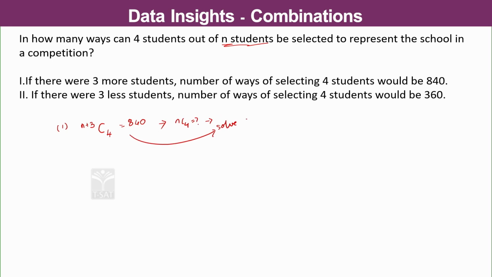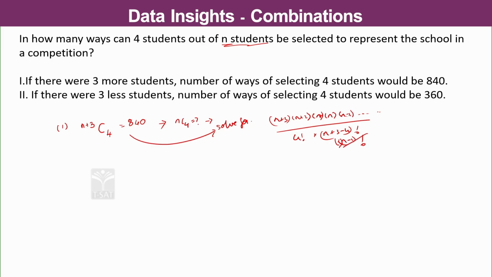You don't need to do the calculation, but in case you want to check, you can expand (n+3)C4 as (n+3)(n+2)(n+1)n divided by 4 factorial into (n-1) factorial.